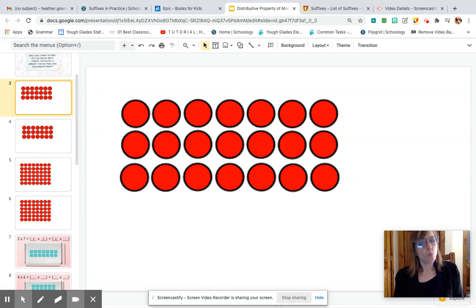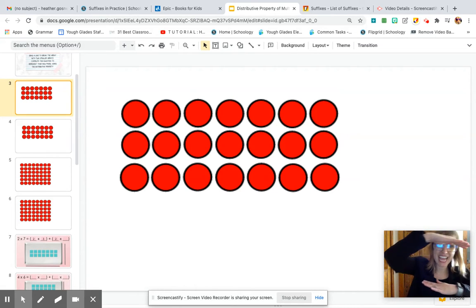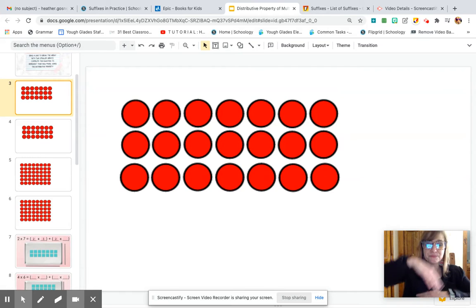So looking at this array, the first thing you want to do is decide whether or not you have an unknown fact or a fact that you just can't do on your own, right? Just think about Mrs. Gosnell with those heavy books, right? So we're going to look at this and figure out, okay, what multiplication equation is here? What is being represented here?